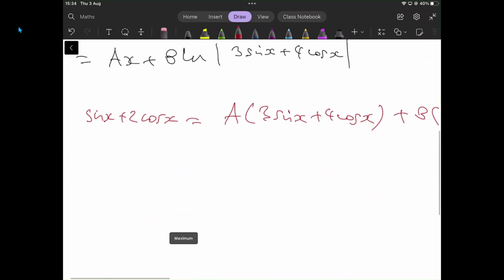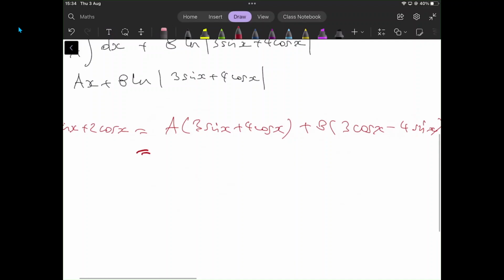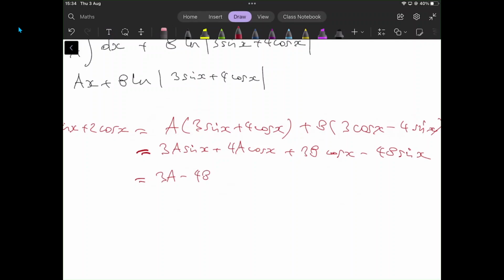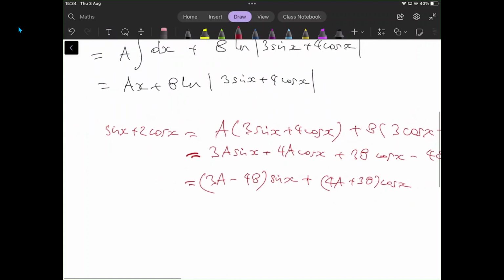So if we expand the right hand side a bit, 3a sine of x plus 4a cosine of x plus 3b cosine of x minus 4b sine of x, and then we can factor out sines and cosines like this. 3a minus 4b lots of sine of x plus 4a plus 3b lots of cosine of x, right? And that being all equal to sine of x plus 2 cosine of x, right?